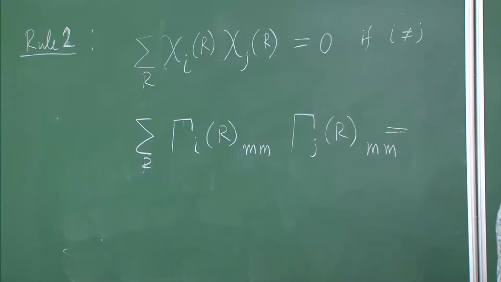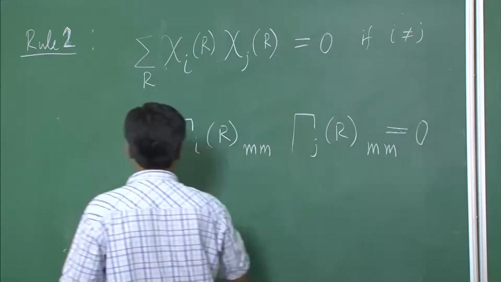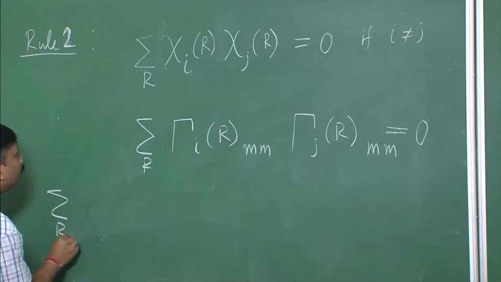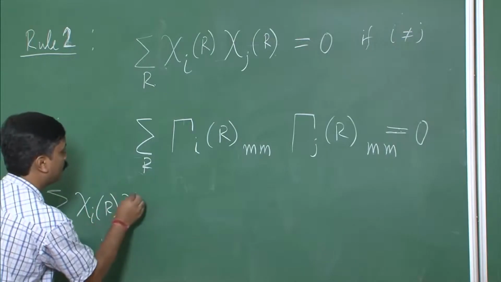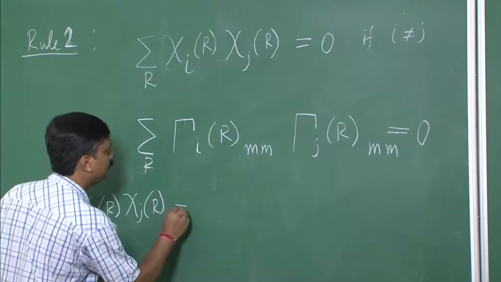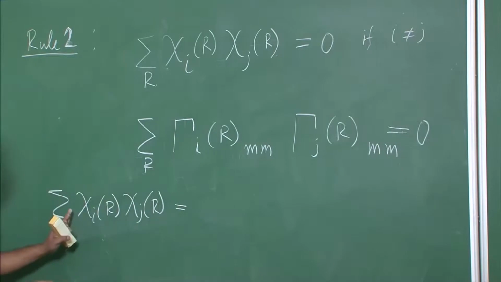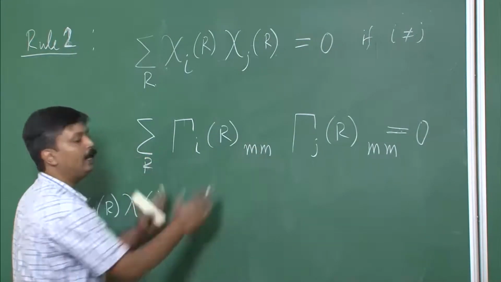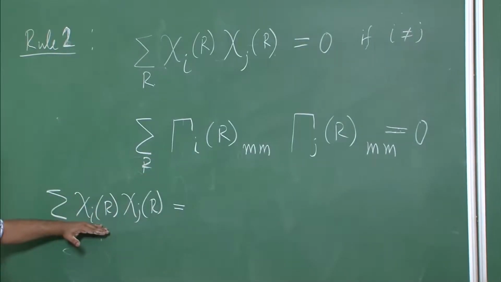It should give me 0, right. This one, if I rewrite, this is equal to, if you think carefully, if I sum it over m, then I get chi I of R, correct.